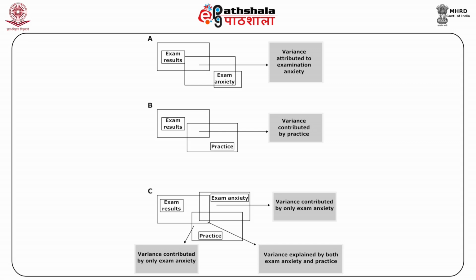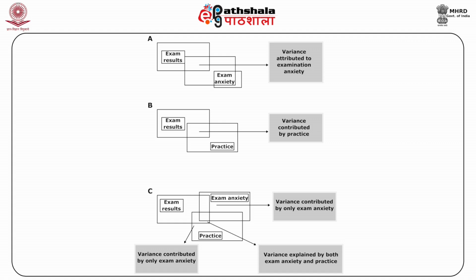We find that examination results and the practice of the syllabus have a common overlapping area, which has been marked to show the variance attributed to examination anxiety. Figure B shows the examination results and also the practice effect, the variance contributed by practice.